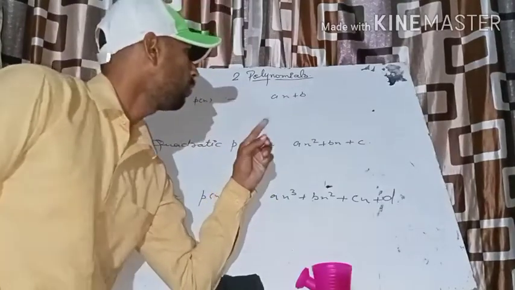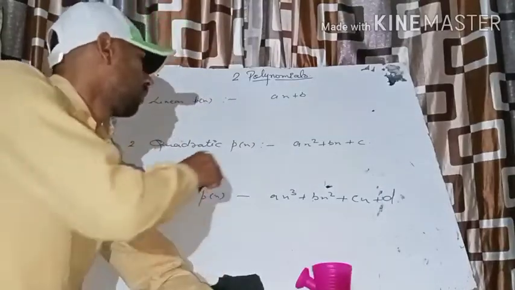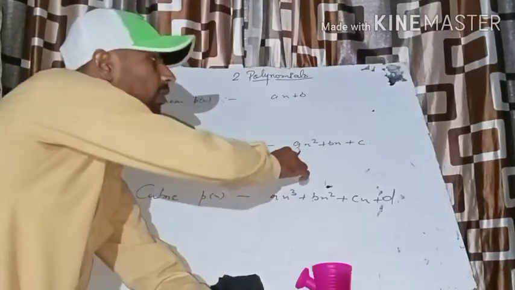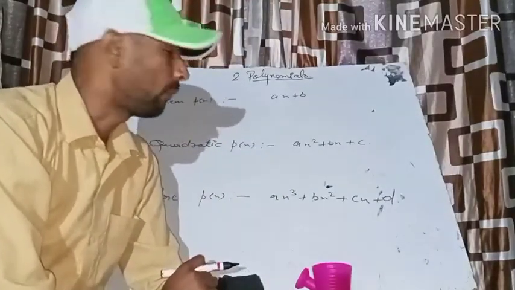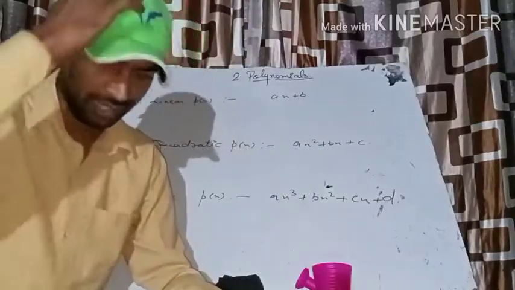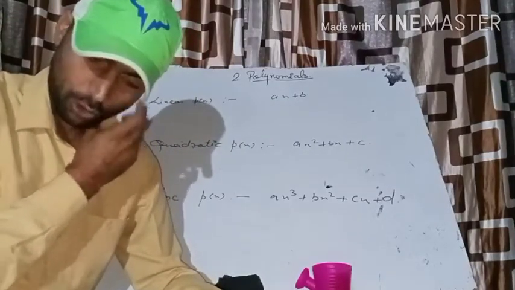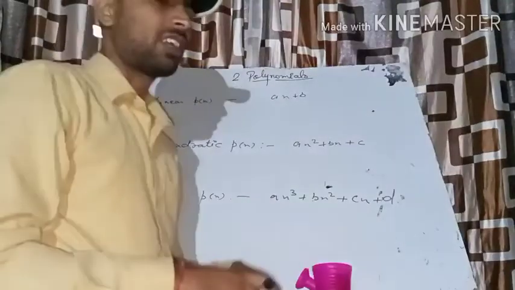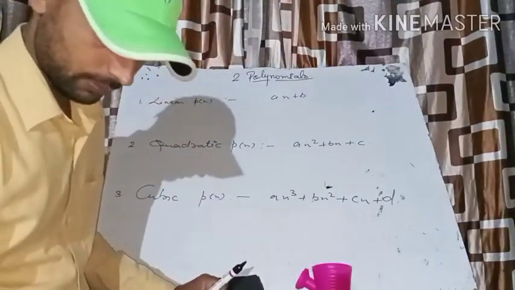A polynomial whose degree is 1 is known as the linear polynomial, and the polynomial whose degree is 2 is known as the what? Quadratic polynomial. And the polynomial whose degree is 3 is said to be a cubic polynomial. And with degree 4, it is said to be a biquadratic polynomial.